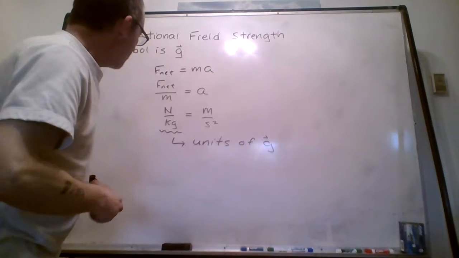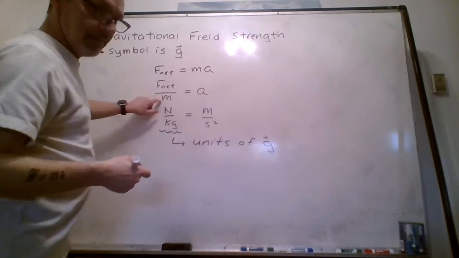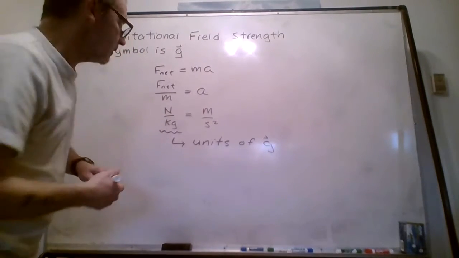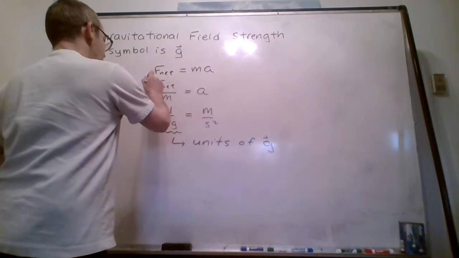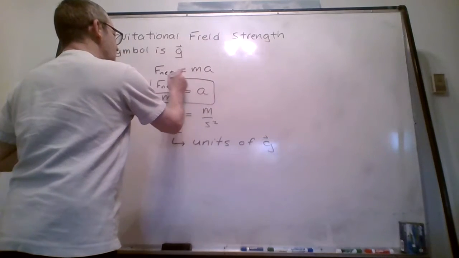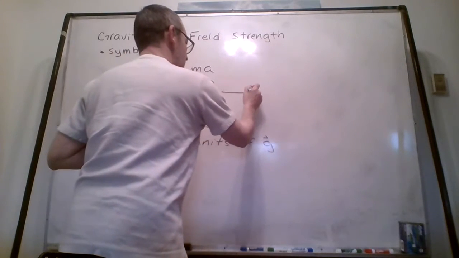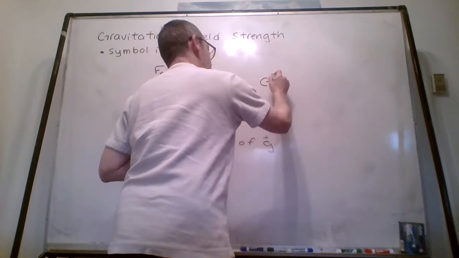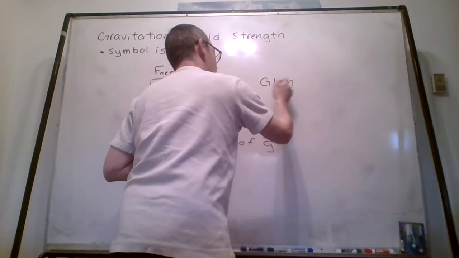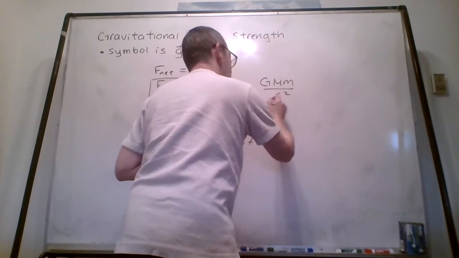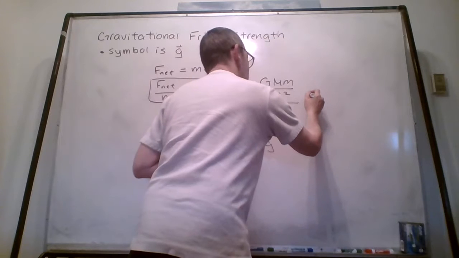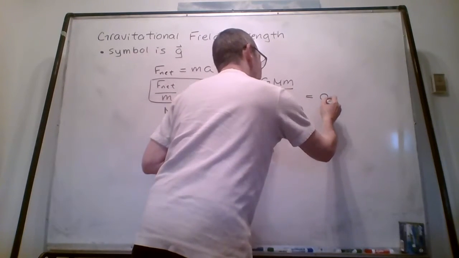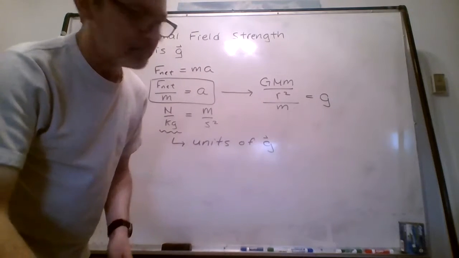Again, F equals ma is the defining equation for field. If you put in the force law, we get big G m over r squared divided by m is equal to, instead of a, g for field.